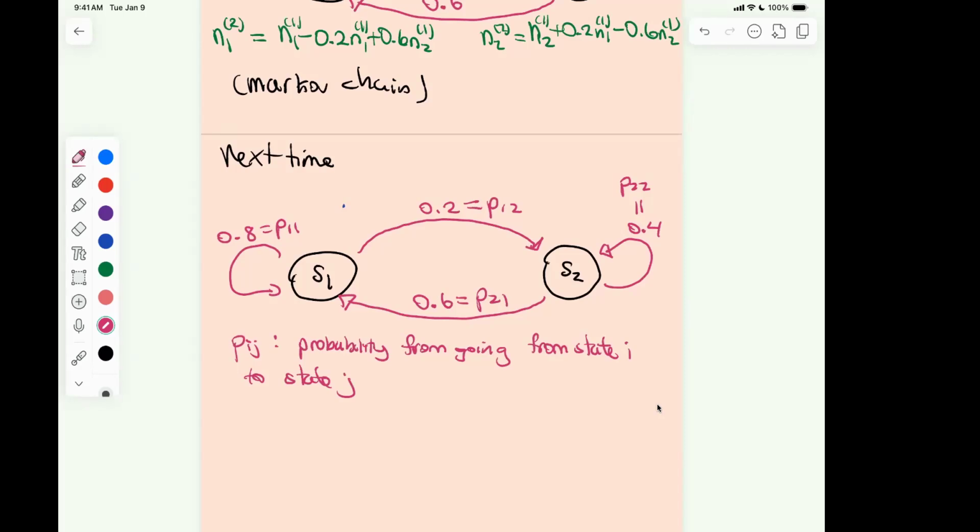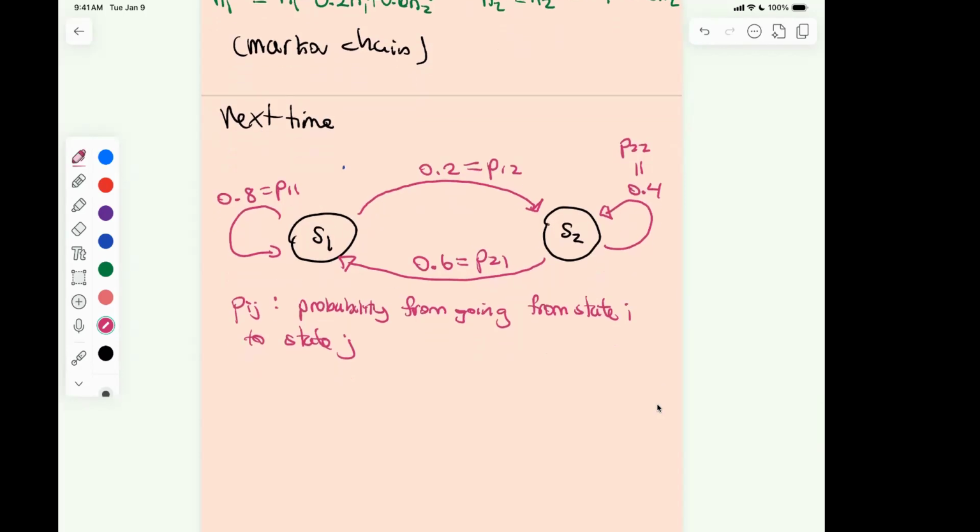And notice here something. So you can define a probability matrix, which I'll call P, with P11 and P22 on the diagonal, okay? The only thing that's not clear is the convention here, but this is P12 and this is P21.